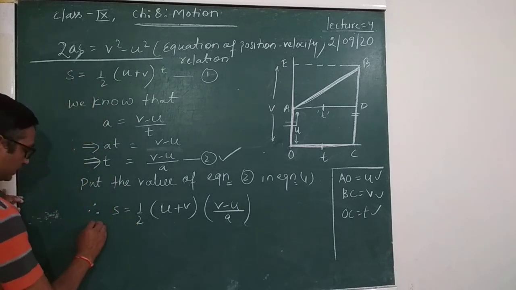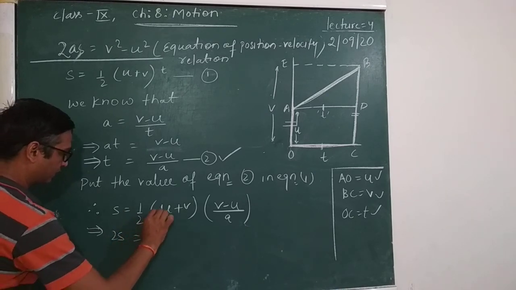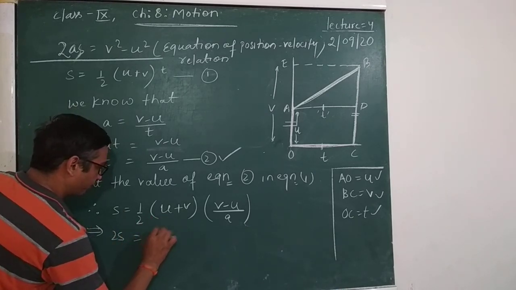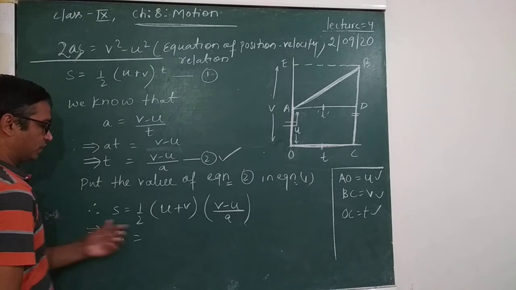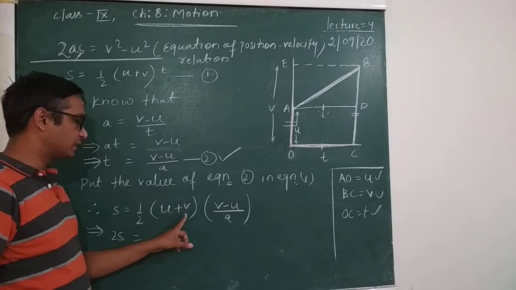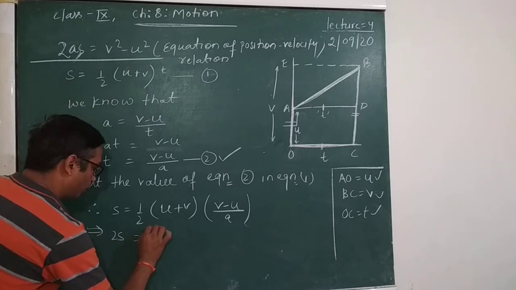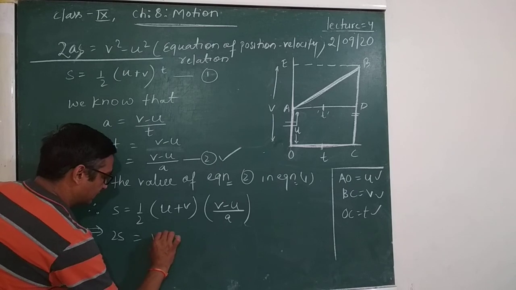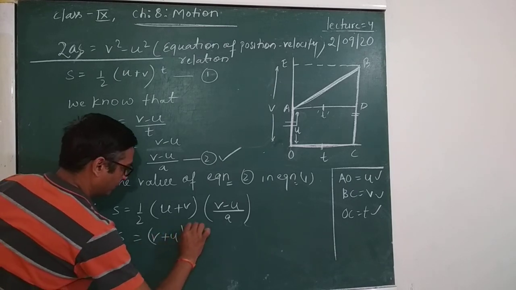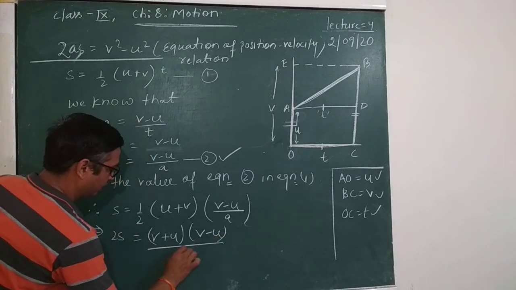This will be cross multiplied, so it becomes 2s is equal to v plus u, or u plus v, because there is no difference in writing this, into v minus u upon a.